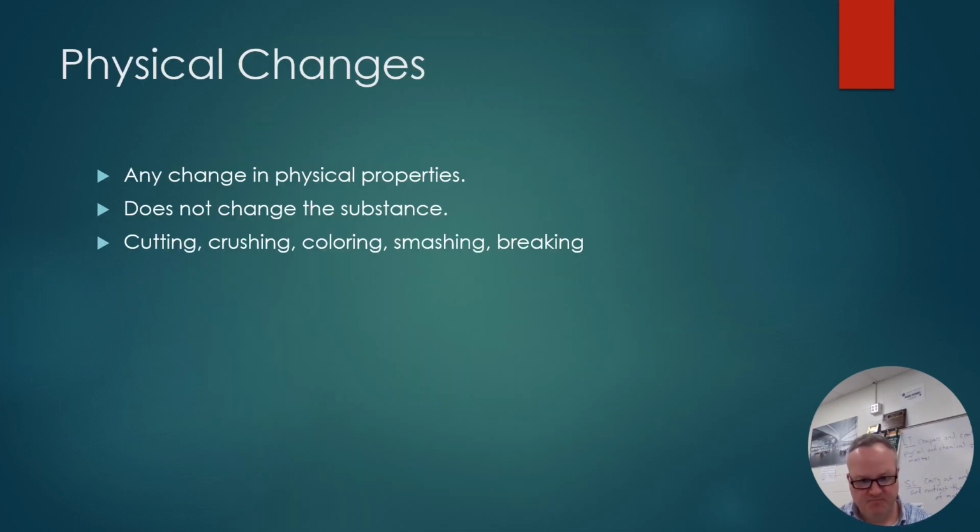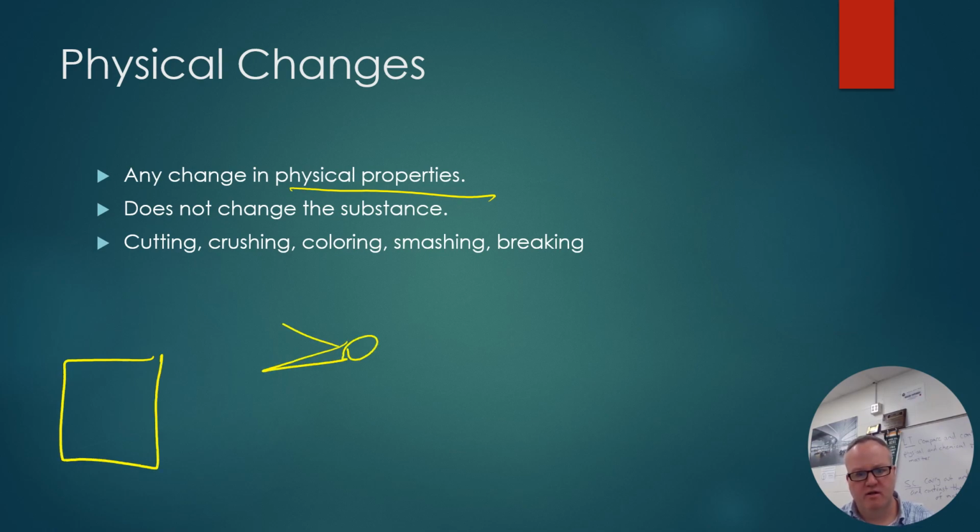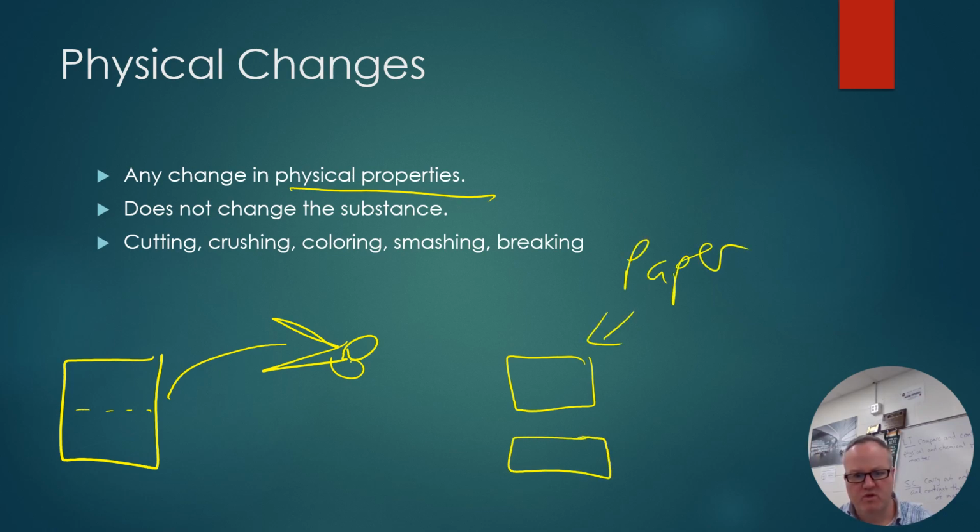Physical changes, going back on this, is any change in the physical properties. So let's say you have a piece of paper and you take some scissors and you cut it in half, and now you have two halves of the paper. Now this is still paper. You had paper when you started, you had paper when you ended.